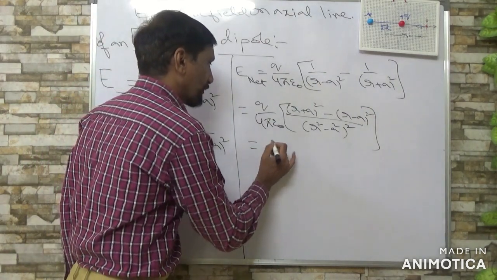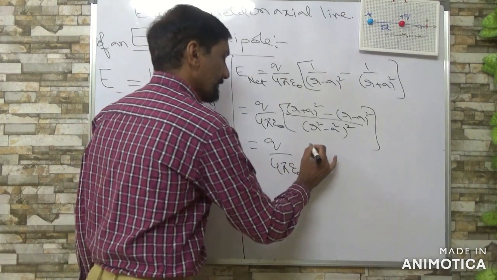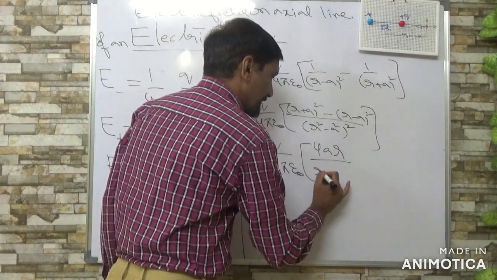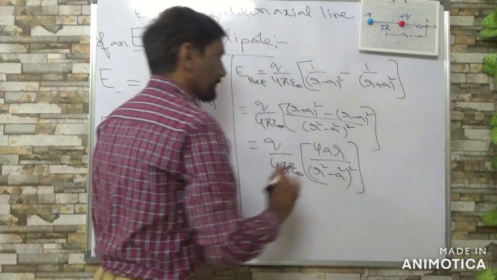So it is equal to q by 4 pi epsilon naught into 4ar by (r square minus a square) whole square.